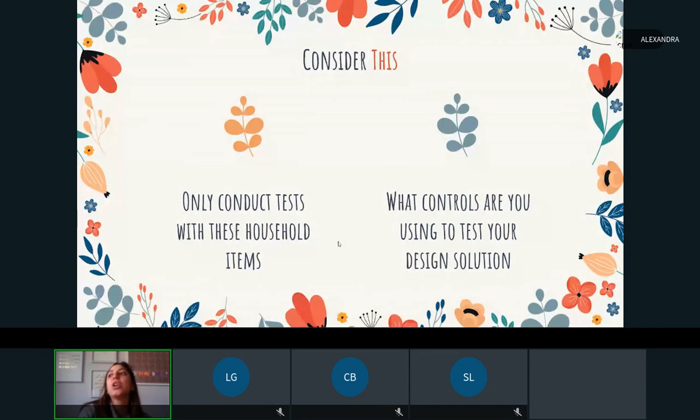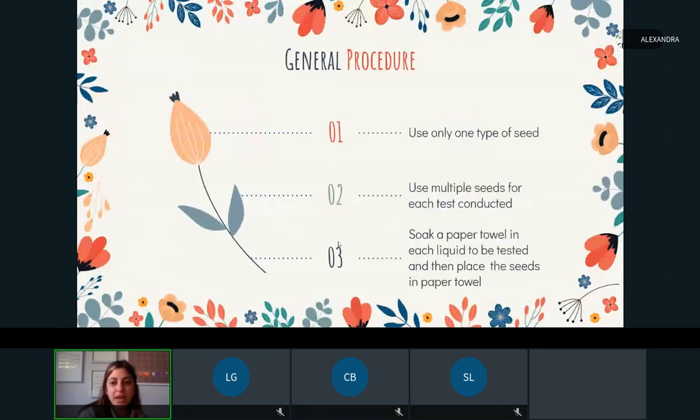Now remember, you are going to be creating a solution. You are creating your experiment. That being said, there is a general procedure that you can use that you should not be only sticking to. This should be the starting point, and then you should be changing the procedure for your specific solution.